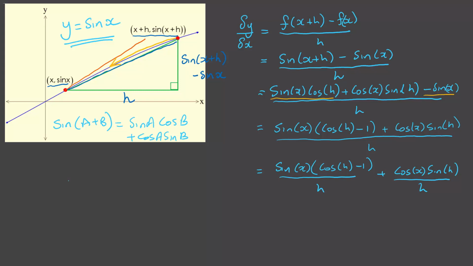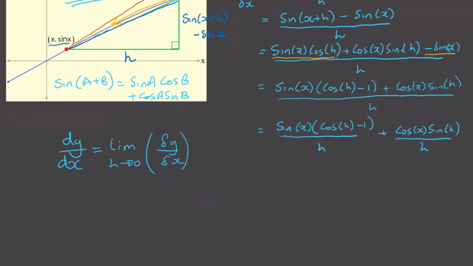Now we know from previous work that we've done that dy dx is the limit as h tends to 0 of delta y over delta x. Now again, without justifying, if we take the limit of the whole of this, we can split it into separate limits. Well, let's just do that one step at a time.